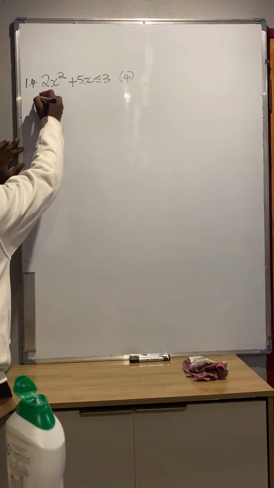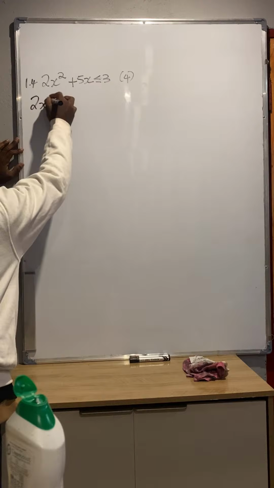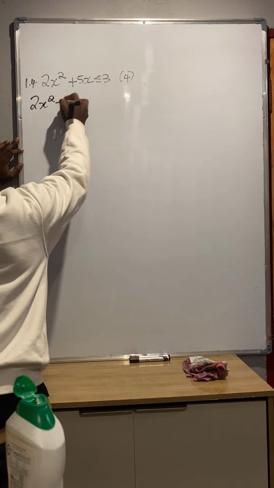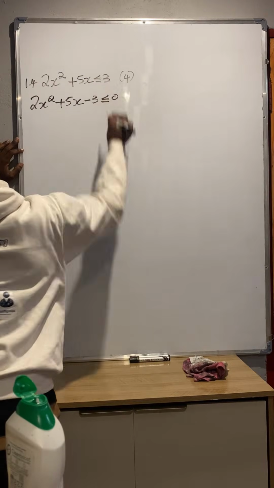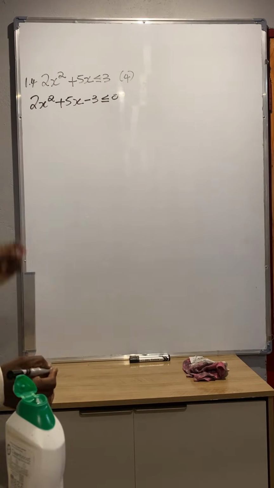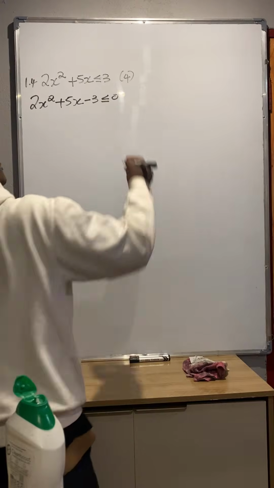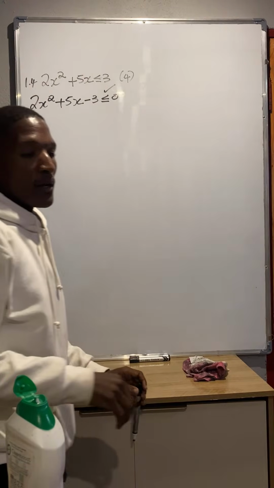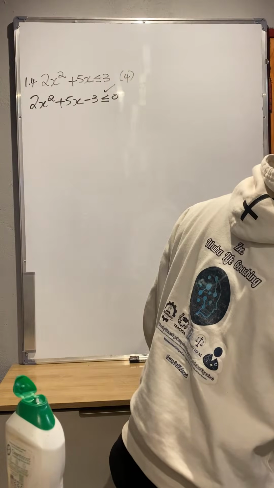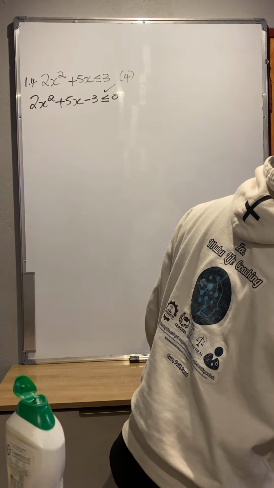So it's going to be 2x squared plus 5x minus 3 less than or equal to 0. Family, you are going to get 1 mark for leaving one side equal to 0.